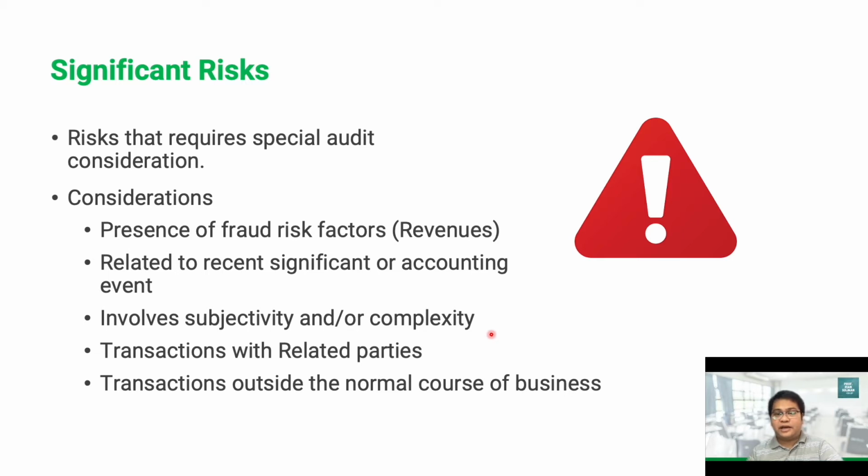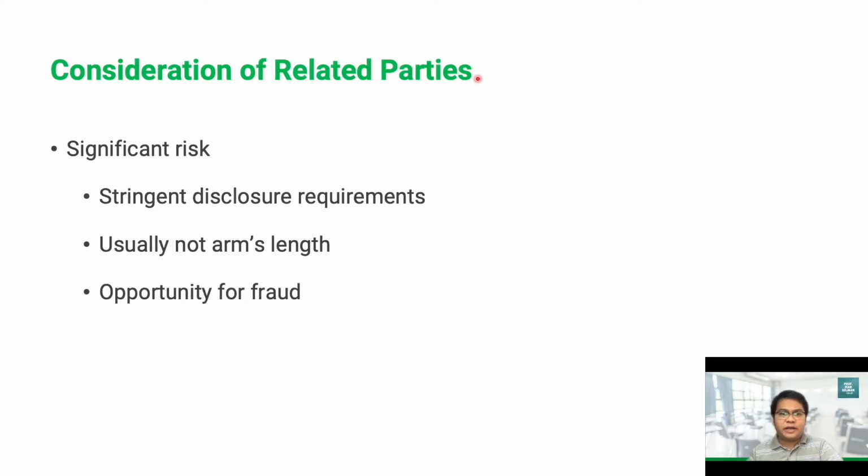And last one, we have transactions outside the normal course of business. For example, those transactions that lack business rationale, so that might present non-compliance with laws and regulations and therefore a source of significant risk. Now, to discuss further the transactions with related parties, the reason why we consider them a source of significant risk is because of the following.